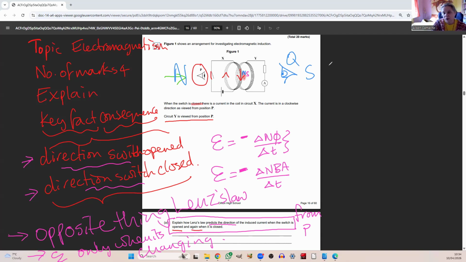So when the switch is closed, a current flows in coil X. Then what?